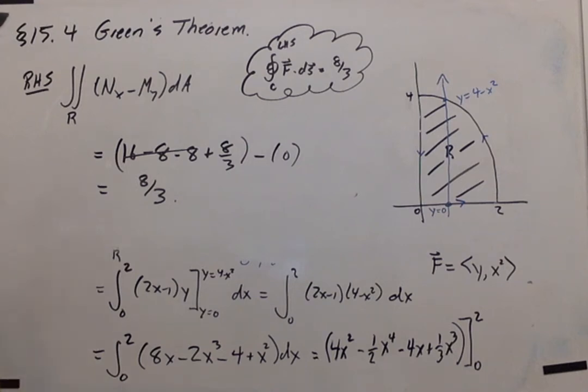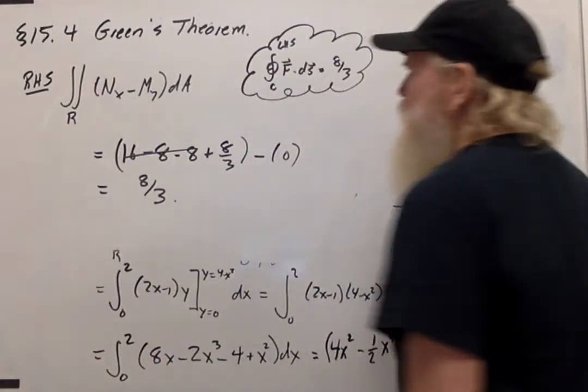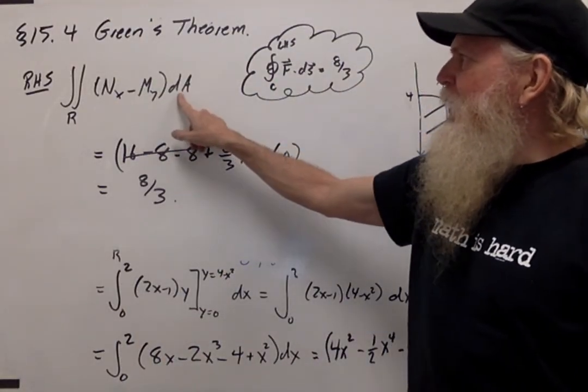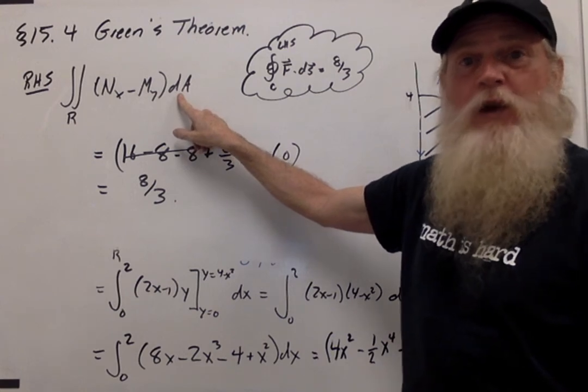So Green's theorem guarantees that the two are going to be equal, so it often lets you convert one integral into another one that might be easier. Now, much of the time, the easier side is going to be the area integral because you only have to do one of them.